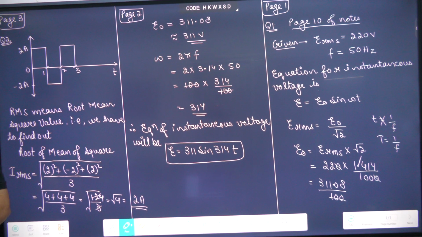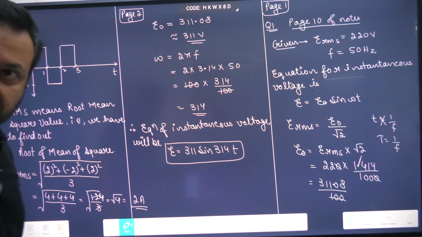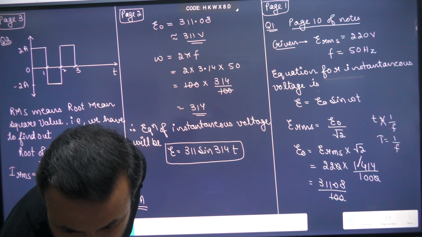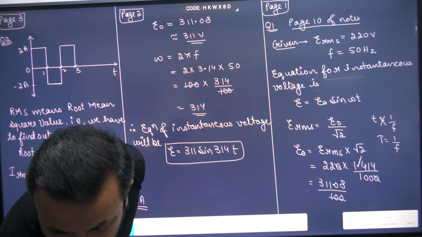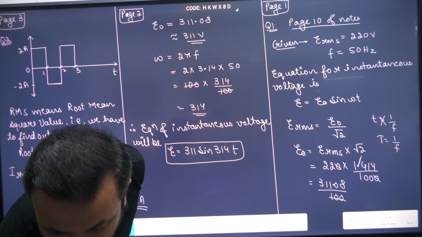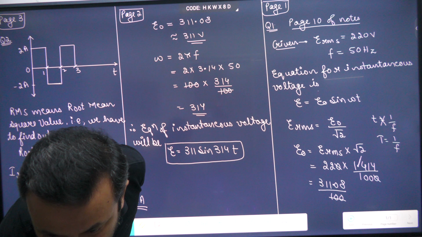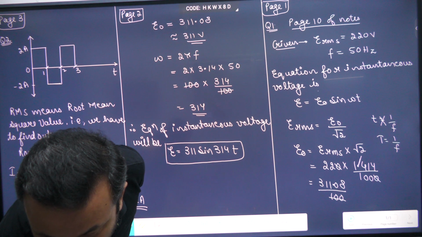Anusha, at what time do you generally sleep every day? Really late. In the morning, which time do you wake up every day? 5.